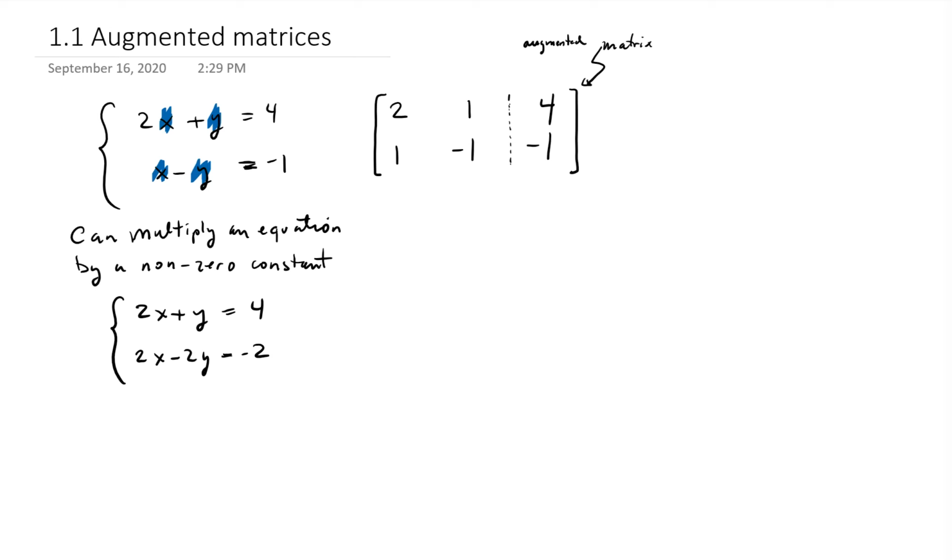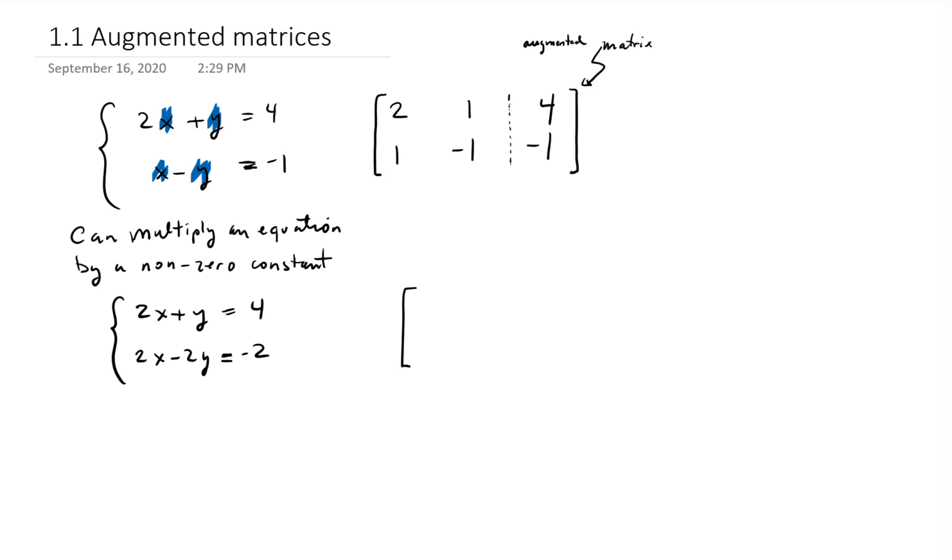And I get this. It's not changing the equation. And if you think about the graph represented by that second equation, it's not changing. That graph stays the same. It's the same set of points that satisfy this equation. So this is not changing the solution set of my system if I do this.